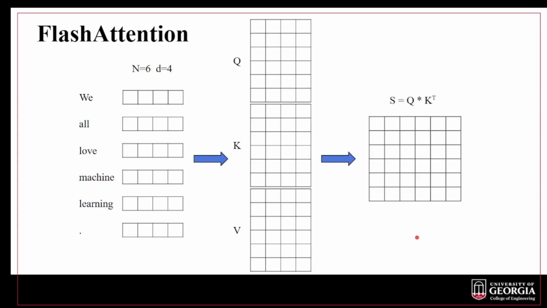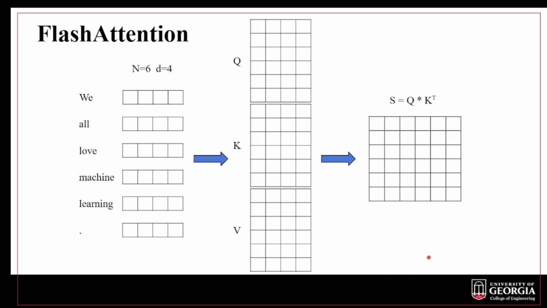To better understand how the process works, here is an example illustrating the computation step by step. We start with an input sequence, we all love machine learning, which is tokenized and converted into vectors. In this case, we have n equal to 6, d equal to 4. Following the attention mechanism, we construct the query, key, value matrices from those token values.